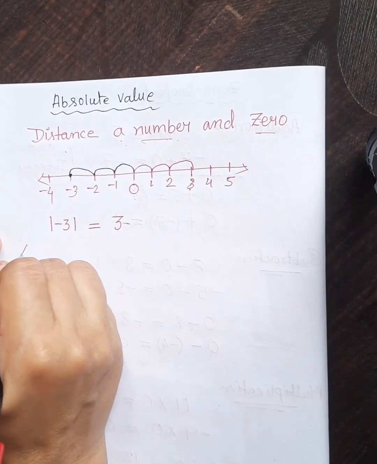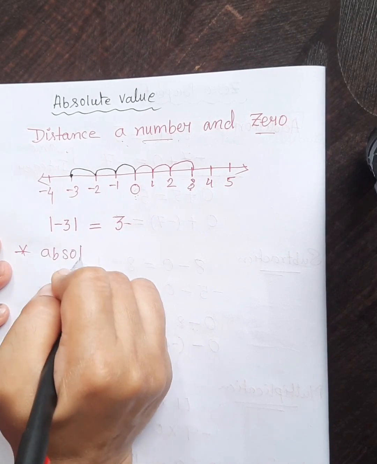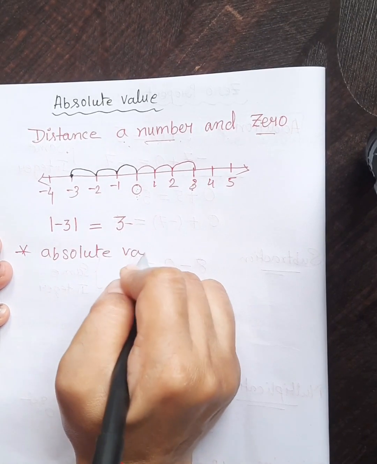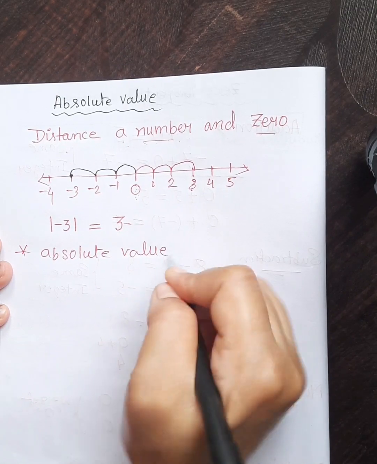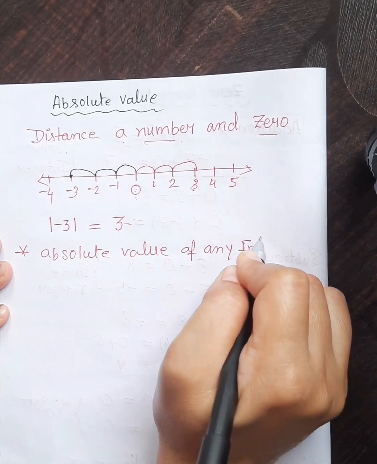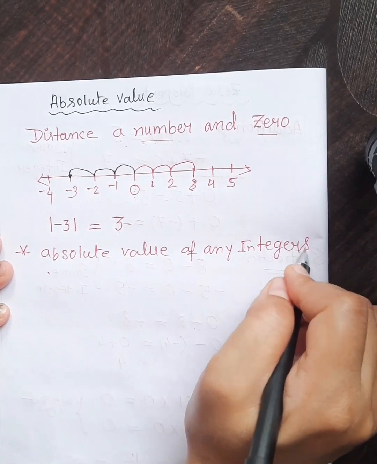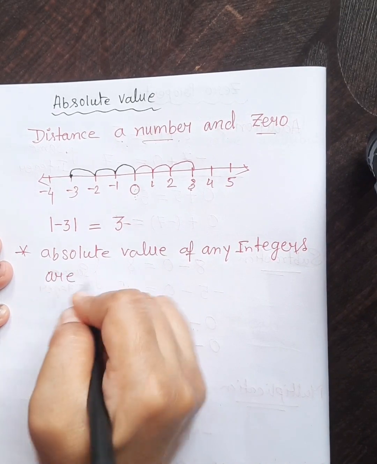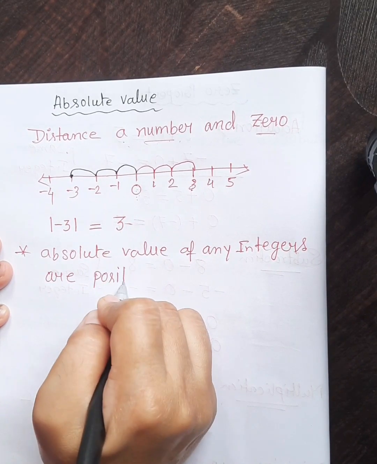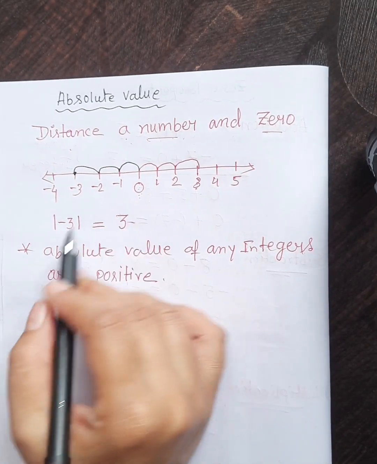One thing is important: the absolute value of any integer is positive.